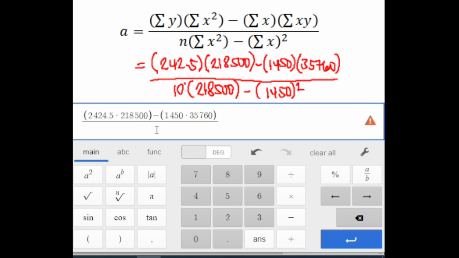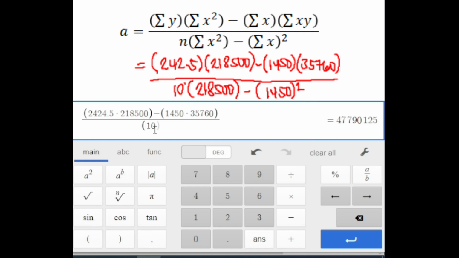Sa denominator po natin, 10 times 218,500, minus square ng 1,450. Square po natin ito.